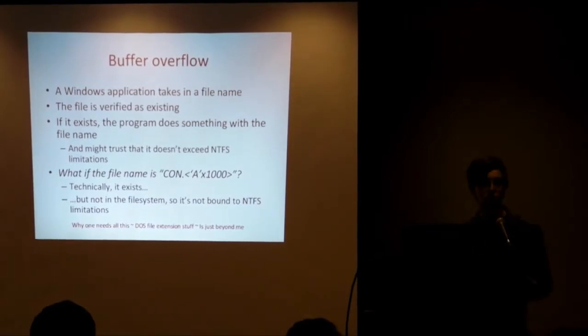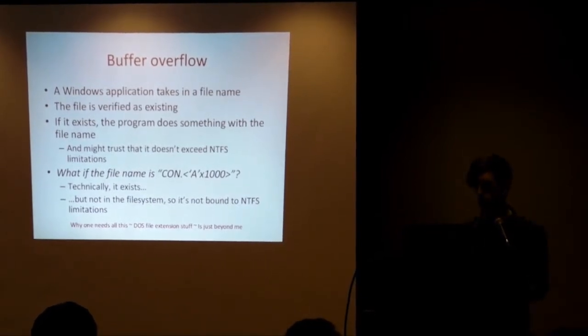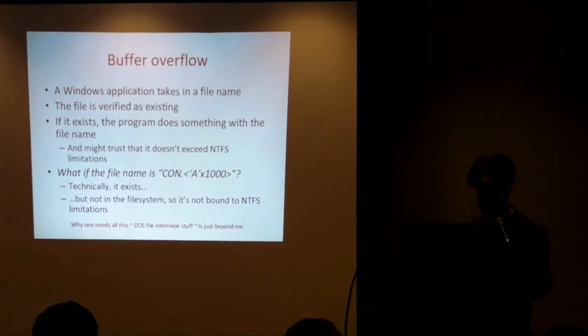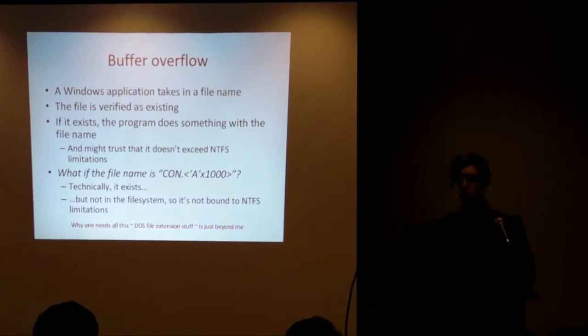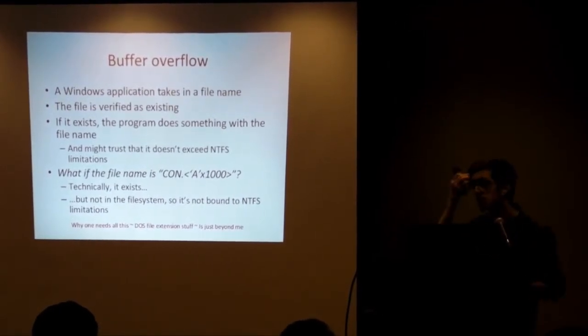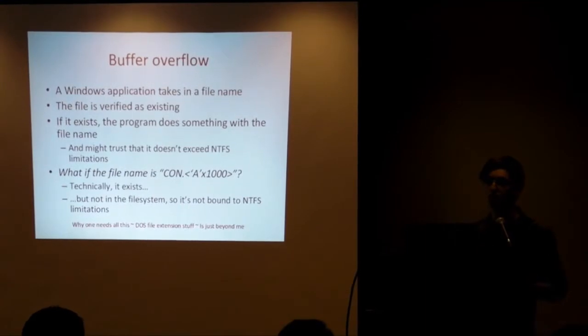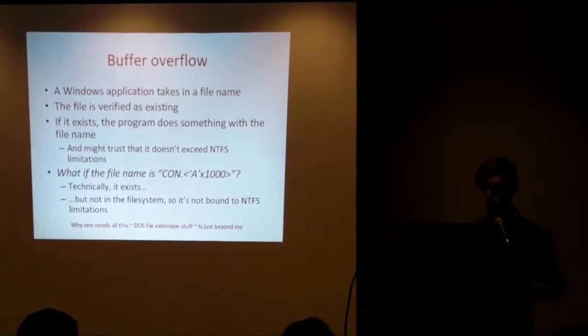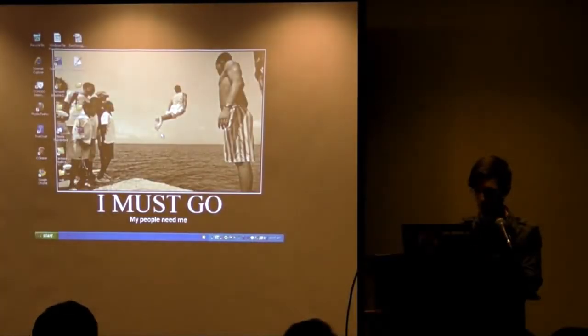And it's natural to expect that you can't have a file name that would violate the terms of the file system if the operating system says, yes, this exists on the file system where you asked for it. But like I said, it technically exists, but not on the file system, so it doesn't have to follow those restrictions. And actually, let me show you something.